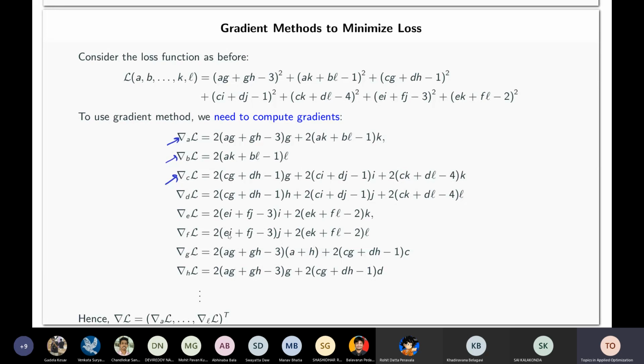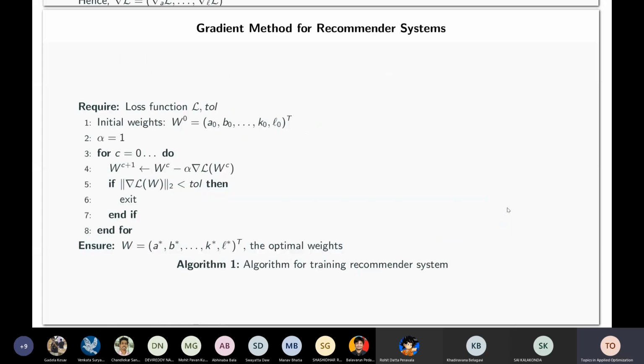And then we stack these gradients as one big vector. The gradient of L will be a 12-dimensional, 12 by 1 vector. Then we start with a random weight.